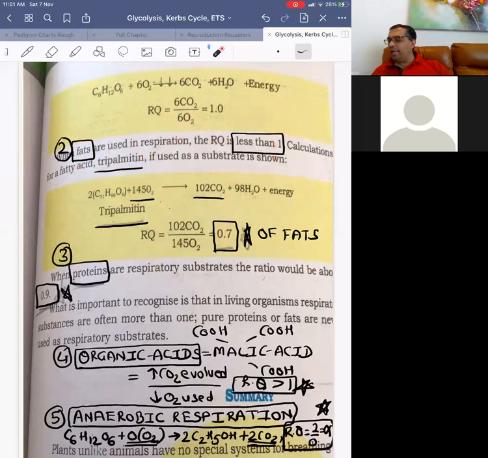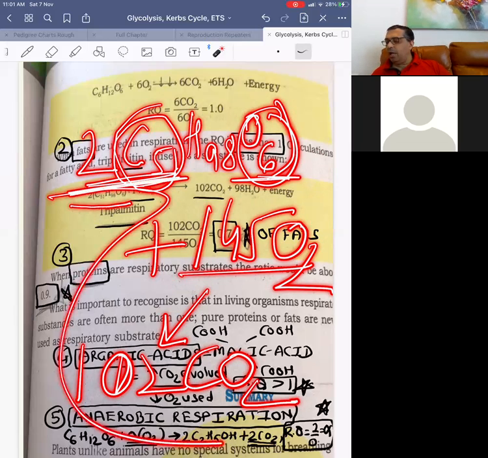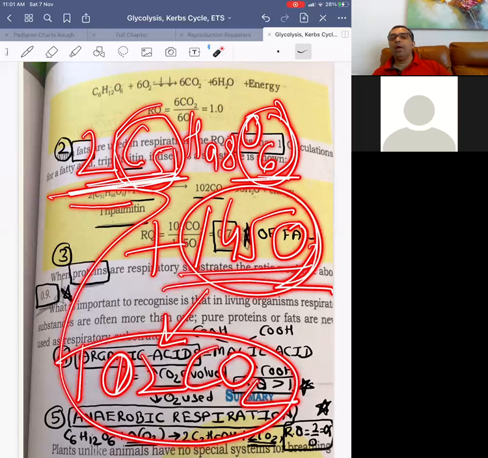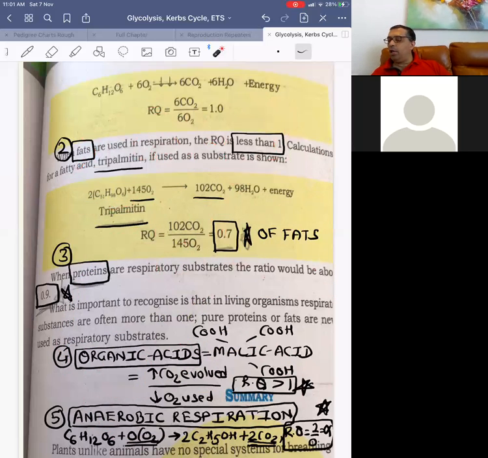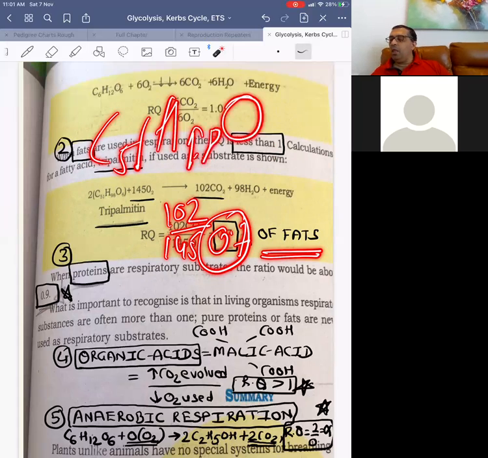How many carbon dioxides did we evolve? Only 102, that is 51 into 2. And how much oxygen did we use? 145. So the numerator is only 102, the denominator is 145. So how much is the RQ? 0.7. So why is the RQ of fats low? Because fats are rich in carbon, rich in hydrogen, but very poor in oxygen.